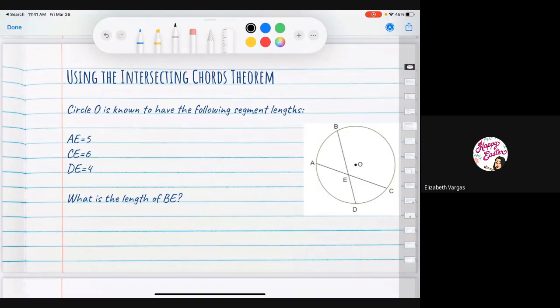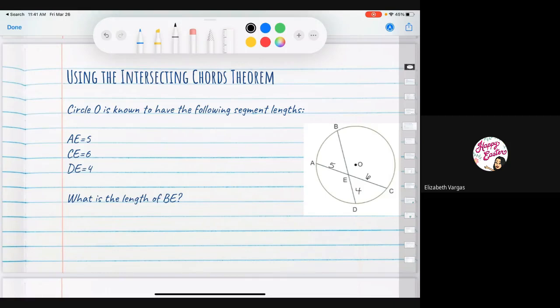Okay, so this says circle O is known to have the following segment lengths. So I'll just write this in. A to E is 5, C to E is 6, and D to E is 4.